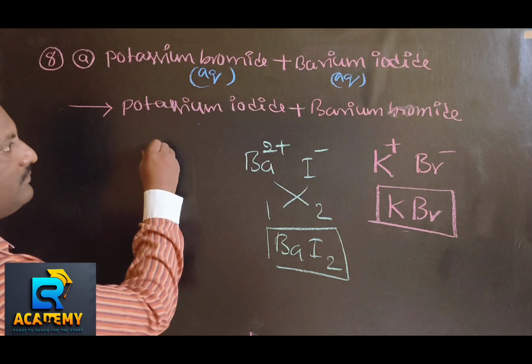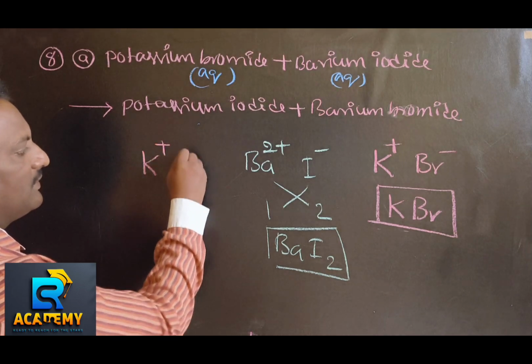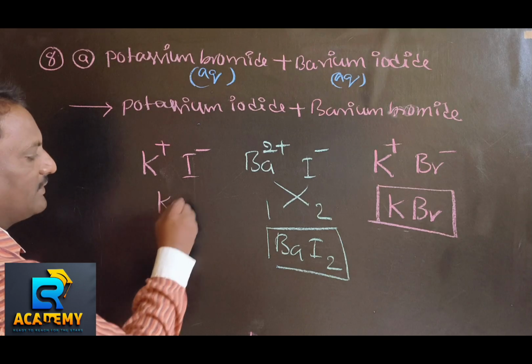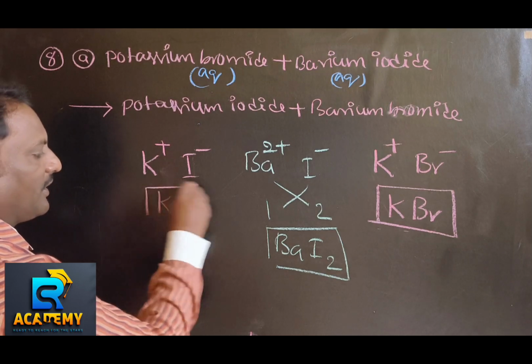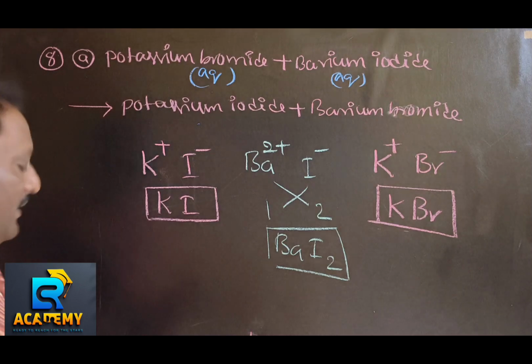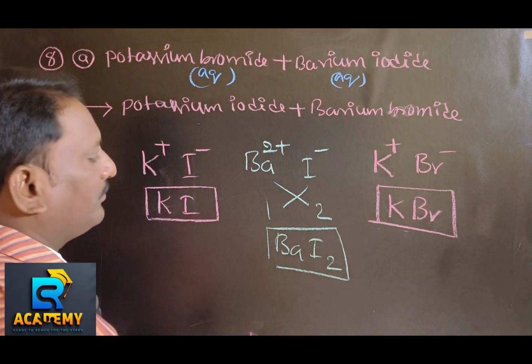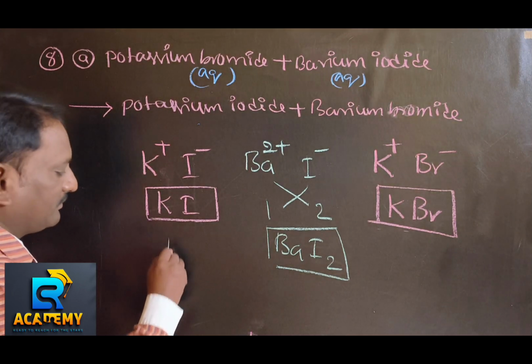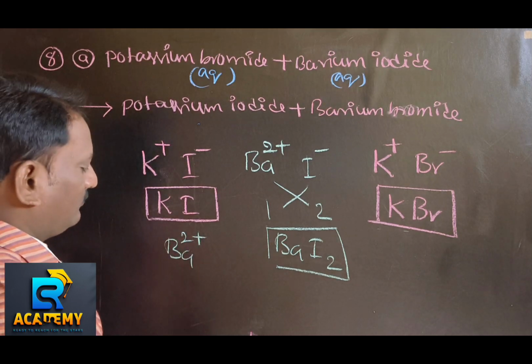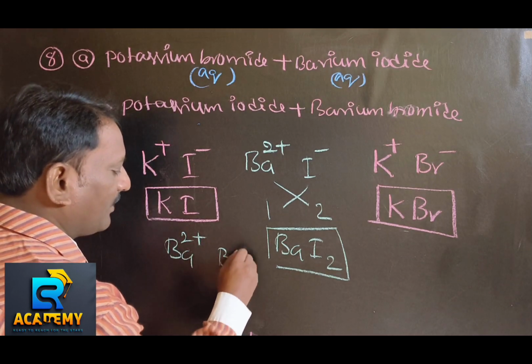Next one, potassium iodide. Potassium K+, iodide ion I-. No need to crisscross. Directly write KI, potassium iodide. Next one, barium bromide. Barium Ba2+, bromide Br-.